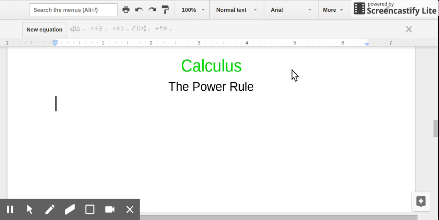We're looking at the power rule that falls under differentiation. Let's look at this one here.